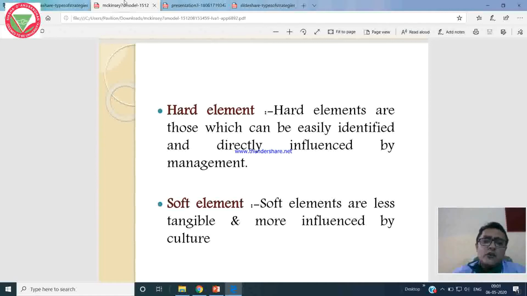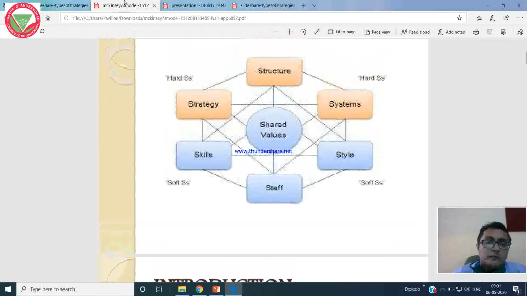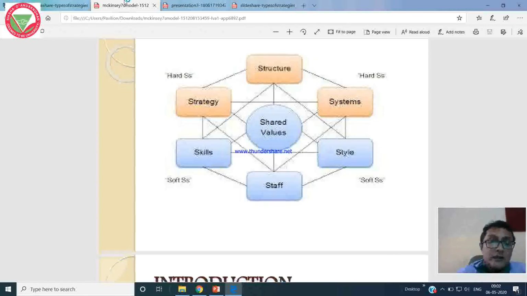Hard elements are those which can be easily identified and directly influenced by the management. If you see in this diagram, strategy, structure, and systems can be easily identified in comparison to the soft elements, and because they are easily identifiable, they can be easily influenced by the top level management.